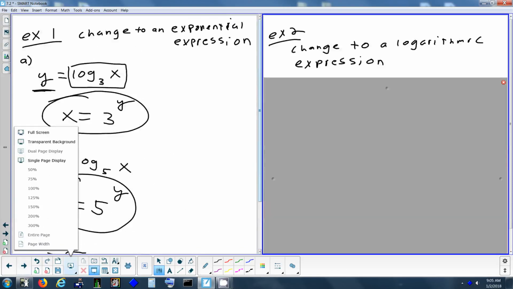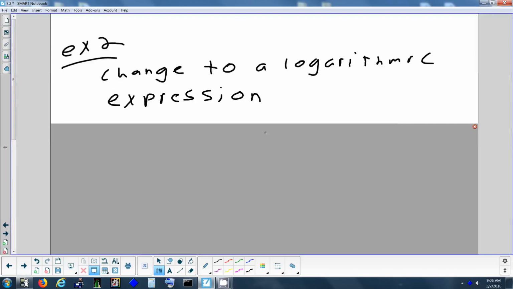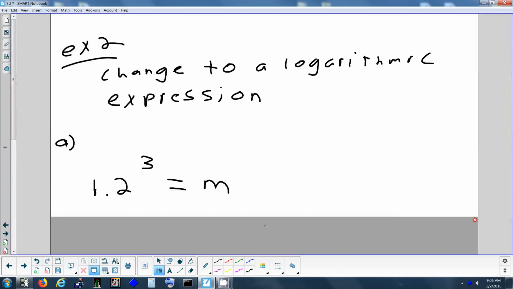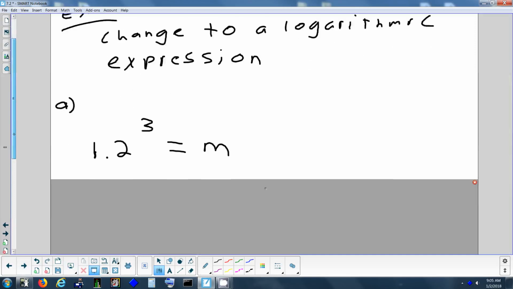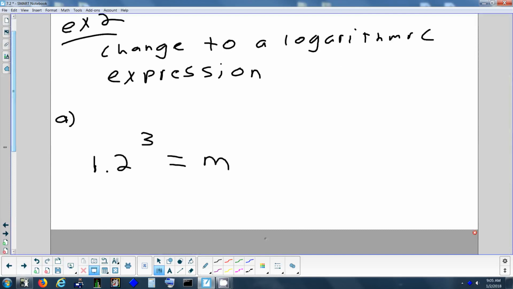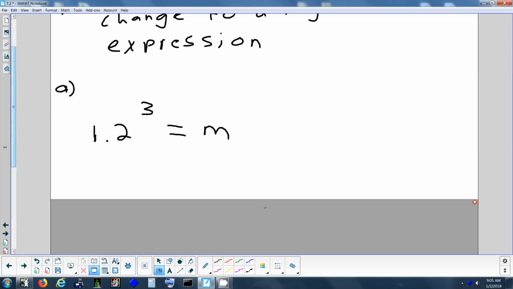Okay, so now let's try the other way. We're going to take something that is in exponential form, and now we'll change it to a log. Okay, if I'm going to change this to log, what do you think the very first thing I should write down is? That makes it very obvious it's a log. Yeah? Log. Yeah, put the word log.